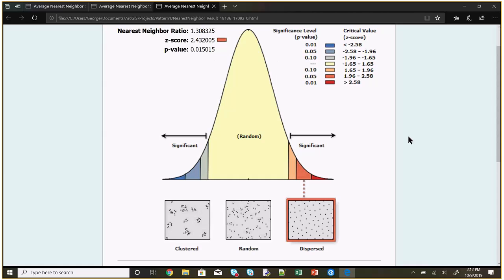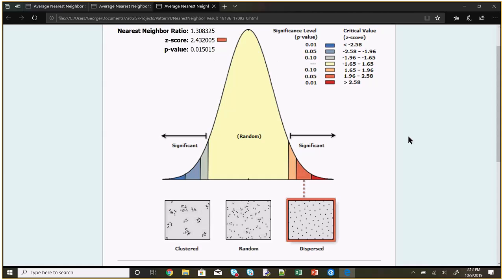So that's why you do the numbers, because you can then report an actual value. And not only that, they're significant. This is basically the bell-shaped curve, telling you that this value is significant to, what is this, 0.10? No, 0.05.